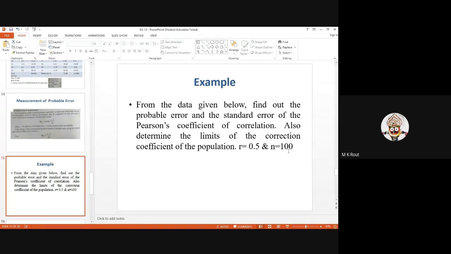So what is the answer? Just quickly calculate this one.